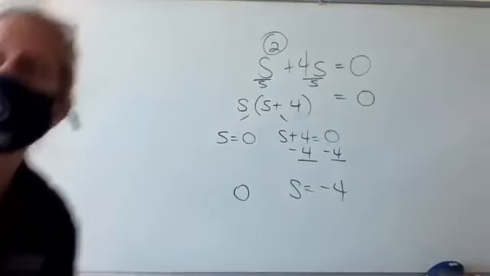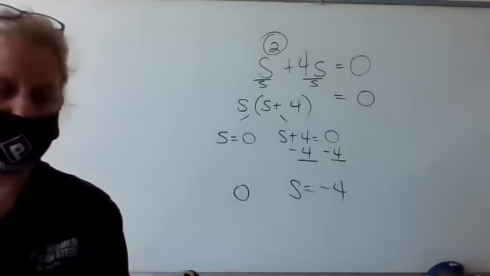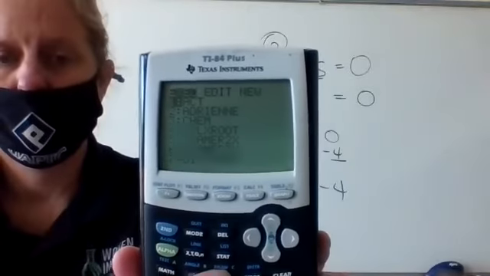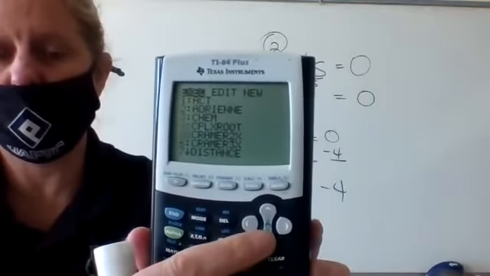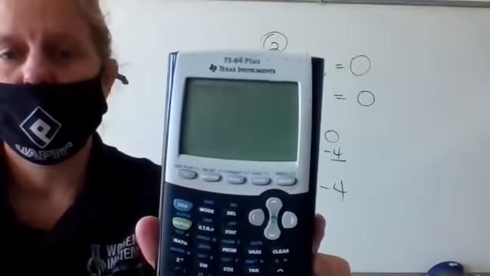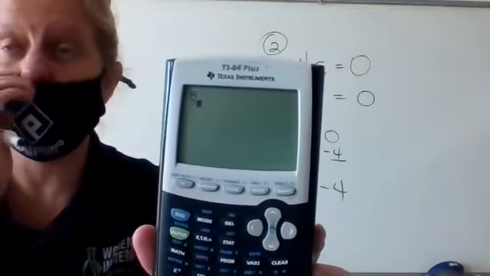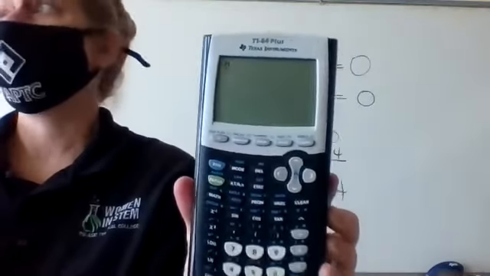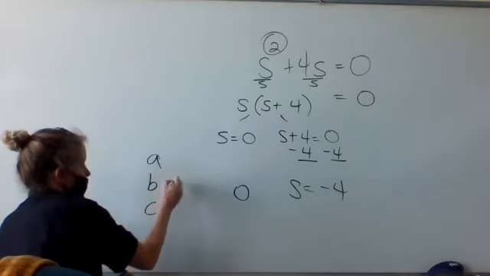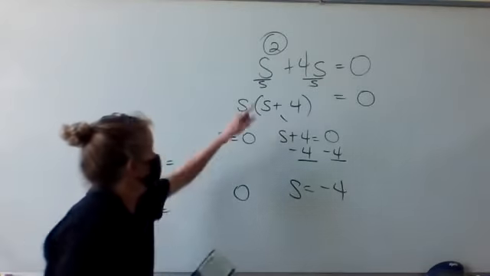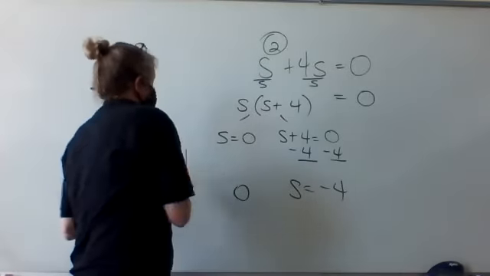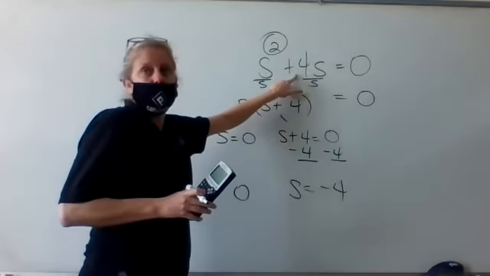If I put this in my program, what do I do? I go on PRGM, down to program if you've got more than the quad. Hit enter. Enter again. And it's going to ask you for your A, B, and C. Once you set it equal to 0, A is what's in front of your S squared. What is this number? 1. B is what's in front of S. 4.